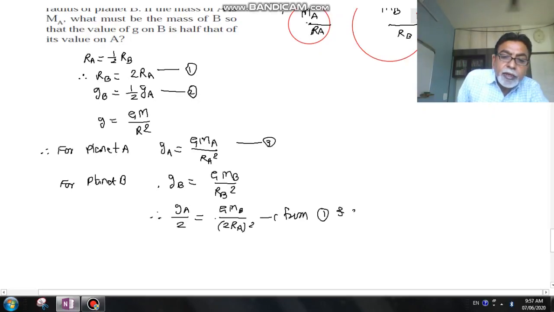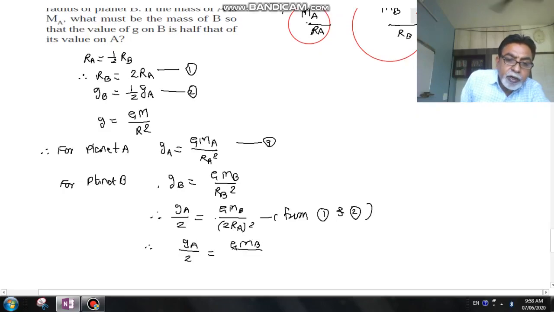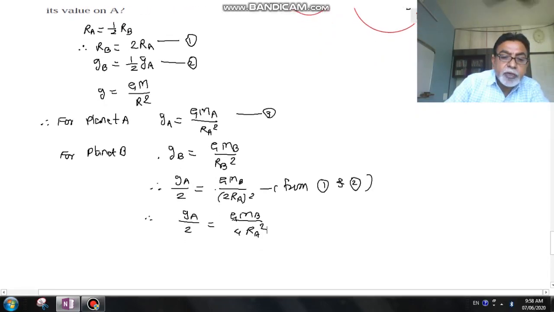From 1 and 2, and therefore what will we get? g upon 2 is equal to G MB upon 4 RA square. We'll multiply this equation by 2.